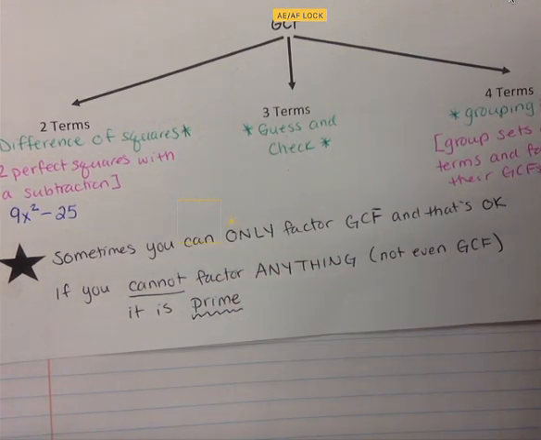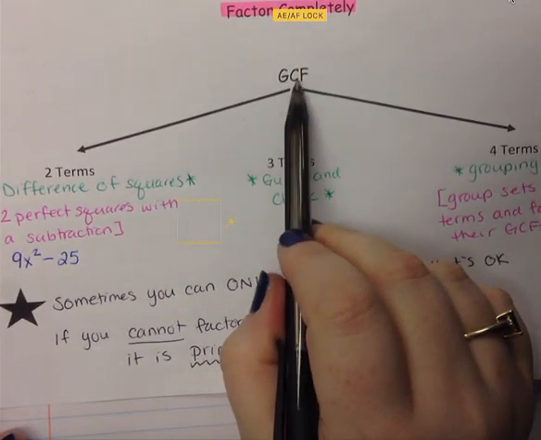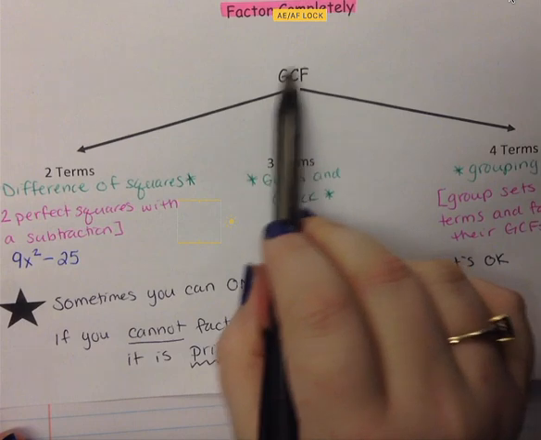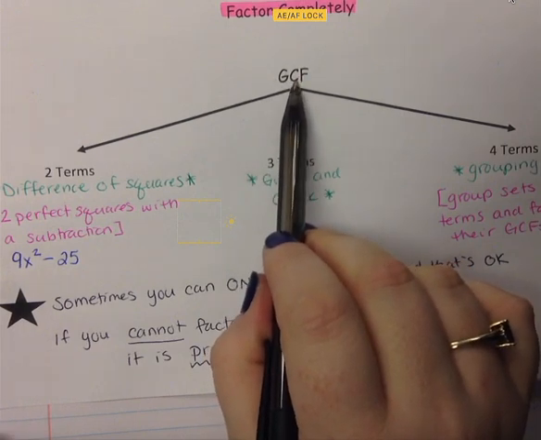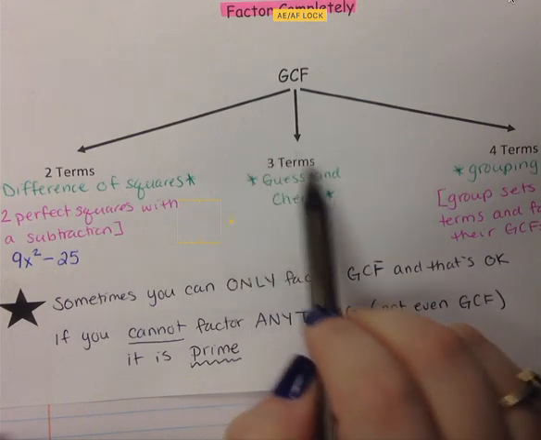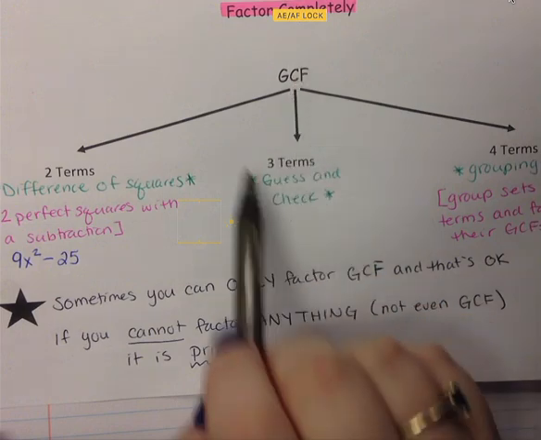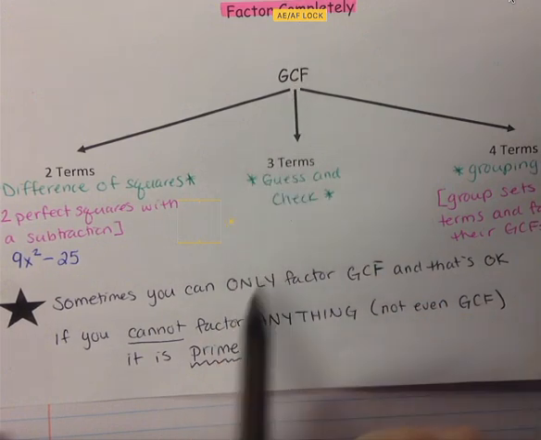A prime number is a number that can only be multiplied by 1 and itself, so its factors are 1 and itself. So if we think of the number 7, the only numbers that can multiply to 7 are 1 and 7. So if you are factoring and you have no GCF, that is okay. Your GCF can just be 1, and you have 3 terms. But nothing can factor from the 3 terms either. So your GCF was 1, and nothing else can factor. Then that problem is prime.